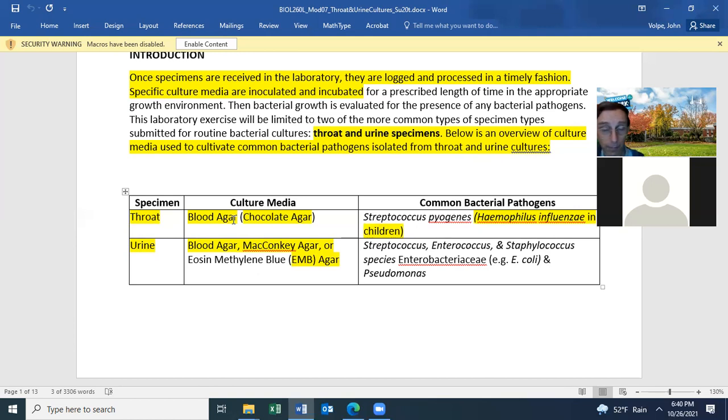However, for the gram negative pathogens, we prefer looking at it under MacConkey's or EMB because these two media are selective for gram negative, and they will get rid of most, if not all, gram positive organisms.